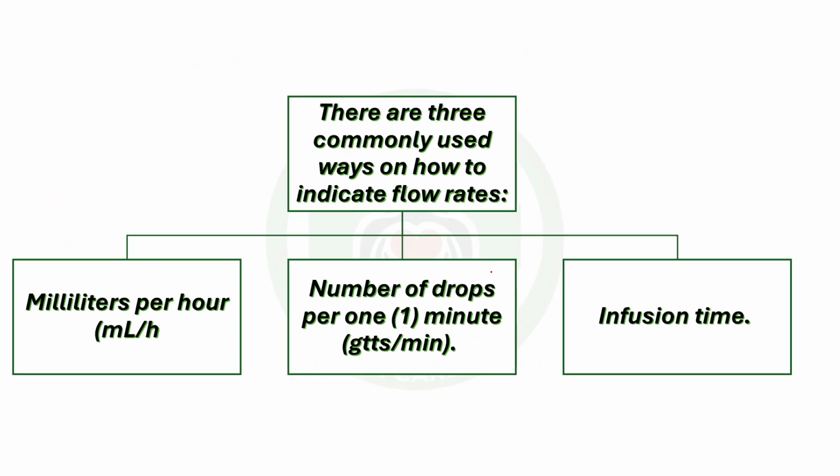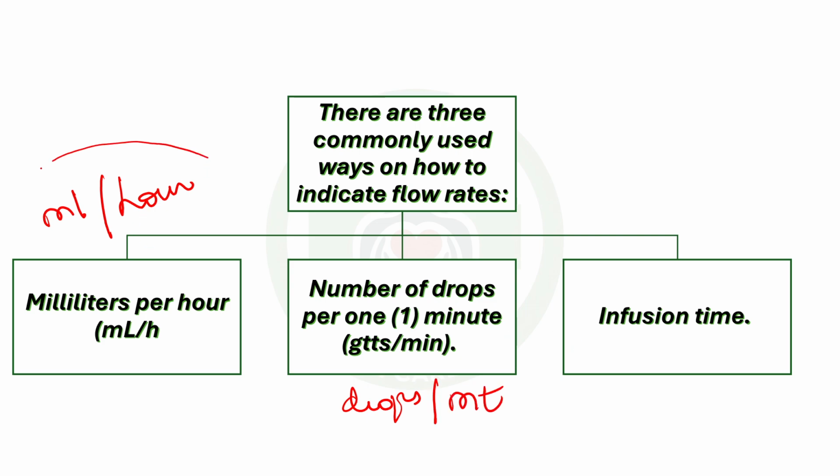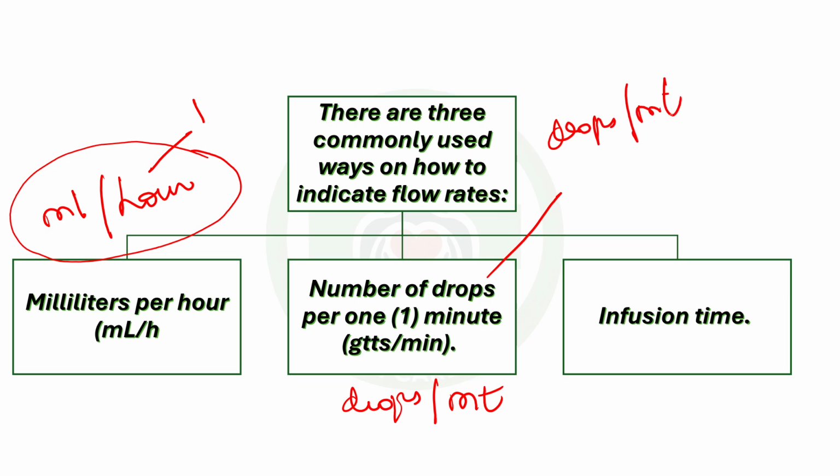There are three common methods of administering flow rates. One is ml per hour, the other is drops per minute. Listen carefully. One is how many ml can be given in 1 hour, and the second is how many drops can be given in 1 minute, and the third one is infusion time.